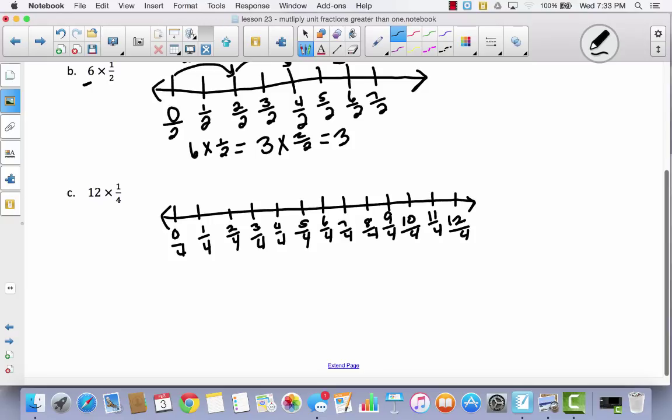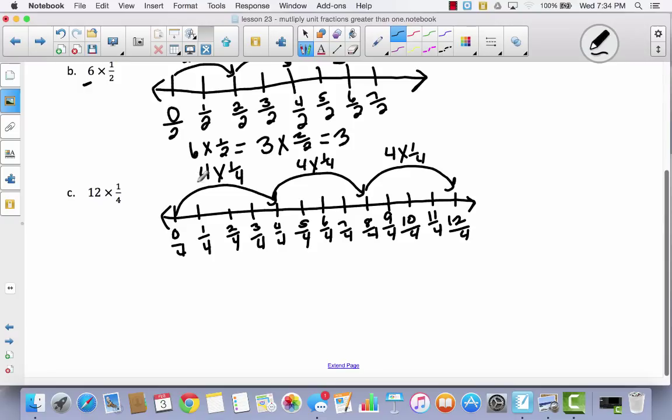How many fourths does it take to make a whole? It takes 4, right? So let's divide this up into groups of 4. So here is 4 times 1/4. This would be 4 more times 1/4. So this would be 4, 8. I've got to do this one more time. 4 times 1/4.